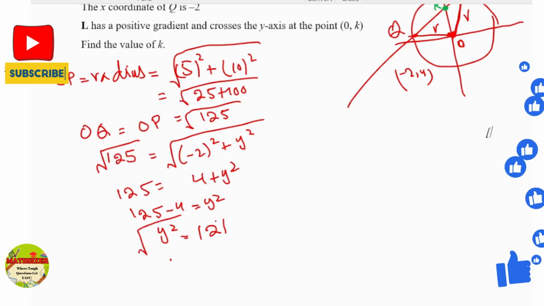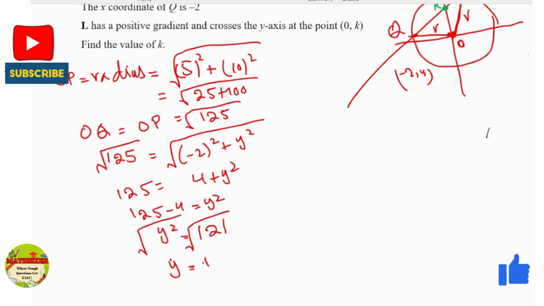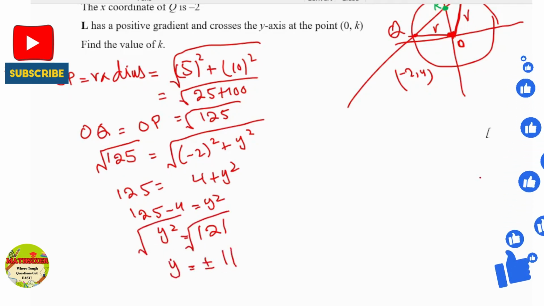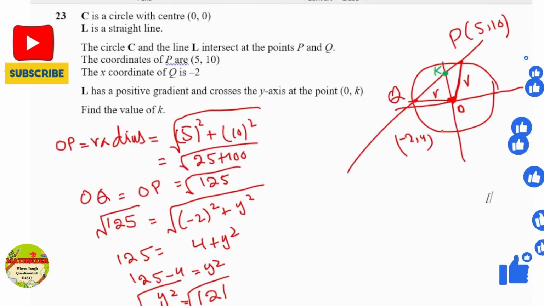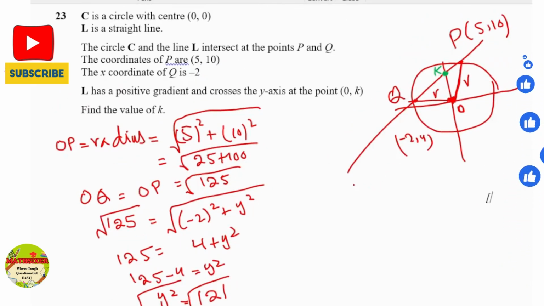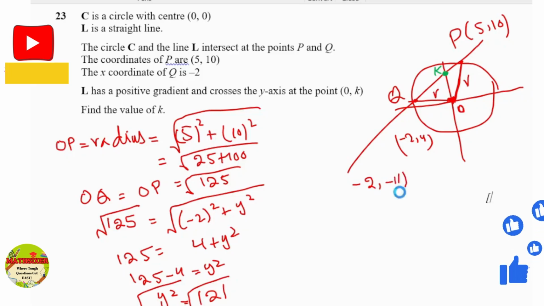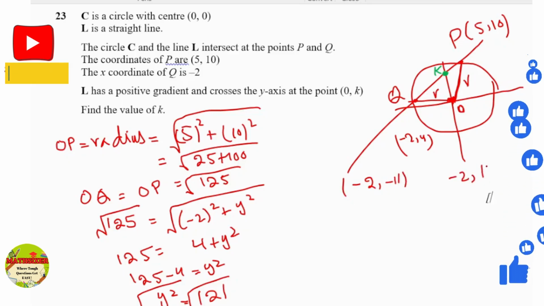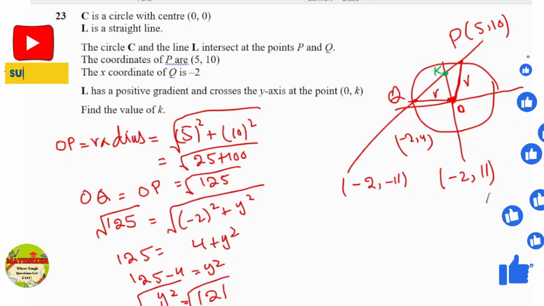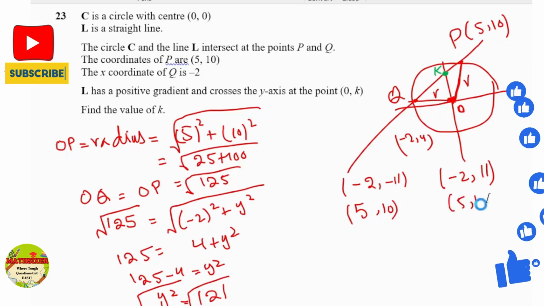If you take the square root on both sides, y is equal to plus or minus 11. So if you look at the Q coordinate, we have two values of the y-coordinate: (-2, -11) and (-2, 11). And P is (5, 10).